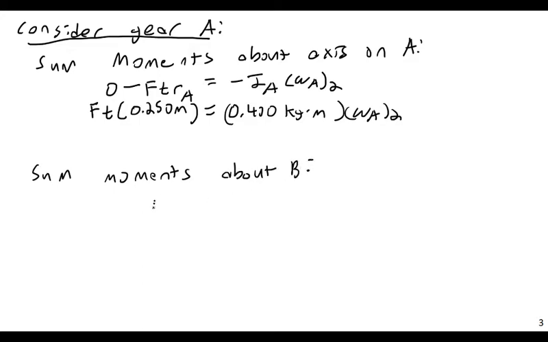If I sum moments about B, I get 0 plus Mt minus Ft times the radius of gear B. It's going to be the same force, except some things will be positive instead of negative.